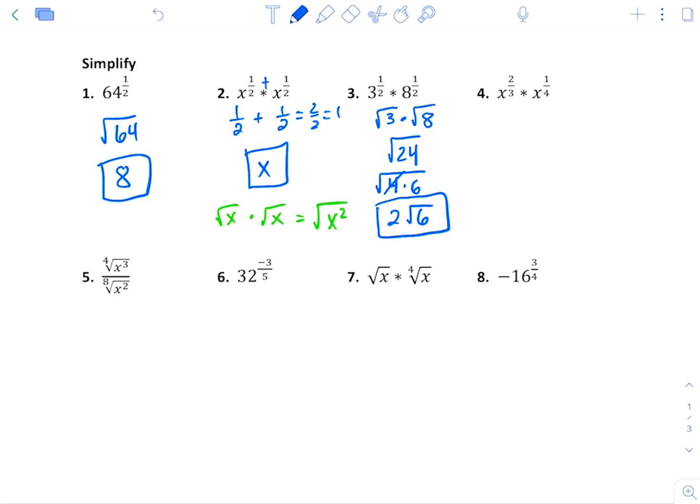Now another way to work through this one, based on the exponent. So because the exponent is the same, we would be allowed to think of this as 3 times 8 in parentheses to the 1/2. And the reason why we're allowed to do that is because when we multiply and we have a group to an exponent, we're distributing this to each of those.